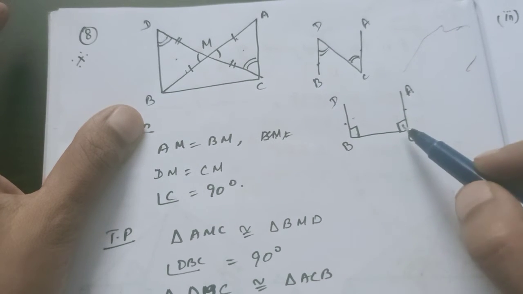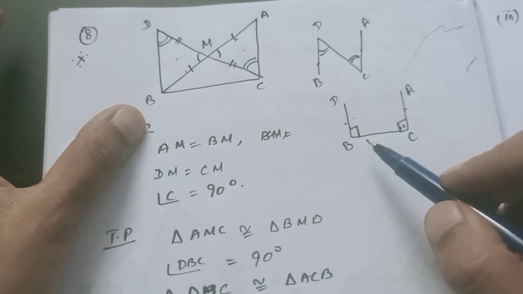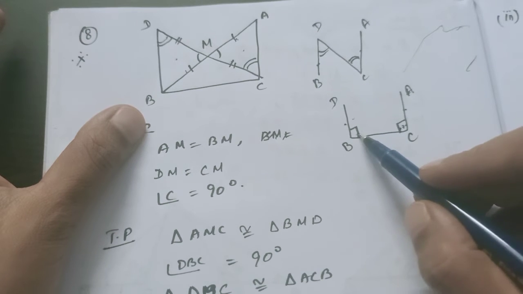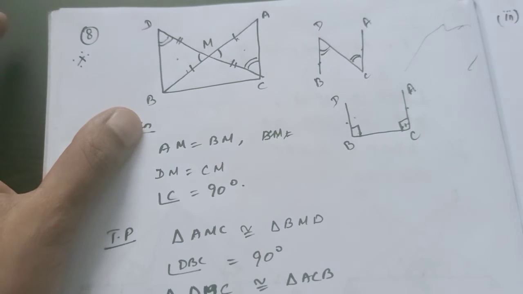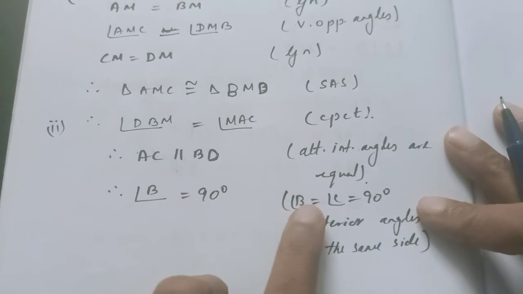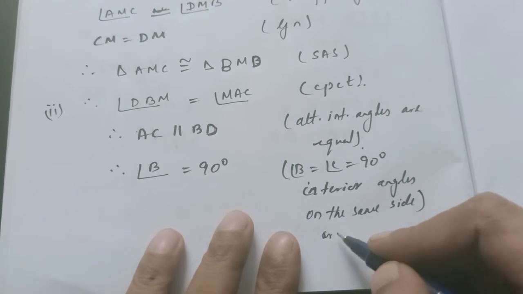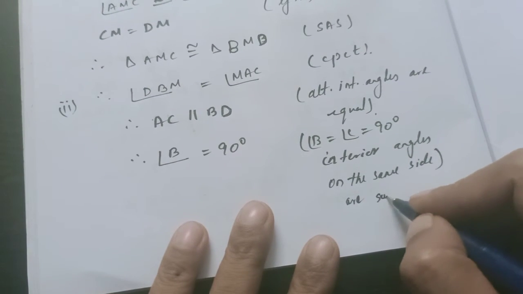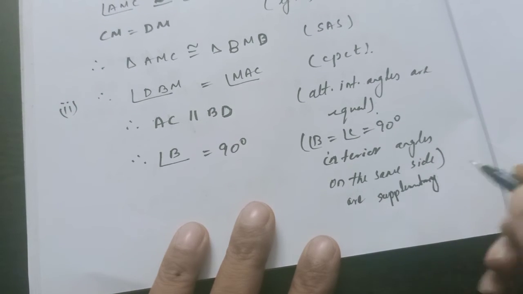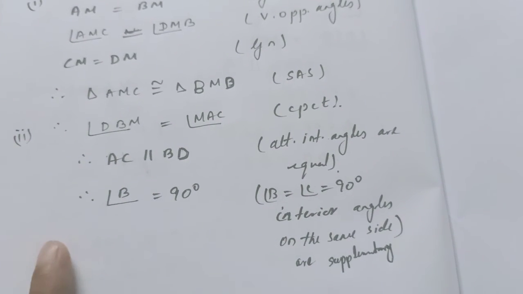Because these two are interior angles on the same side. Interior angles on the same side will be supplementary. So this is 90, means this has to be 90. Then only 90 plus 90 will be 180 degree. So angle B is equal to 90 degree because interior angles on the same side are supplementary. Not equal, supplementary. But since it is 90, the other angle also should be 90.